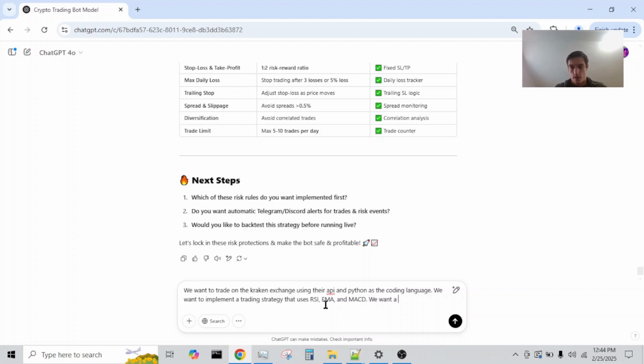We want a risk management strategy that risks 2% of our portfolio.